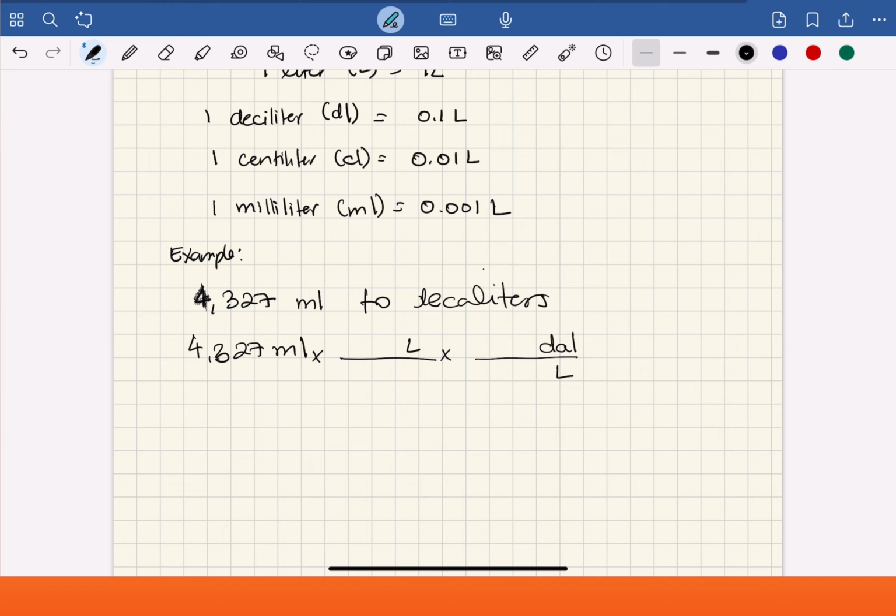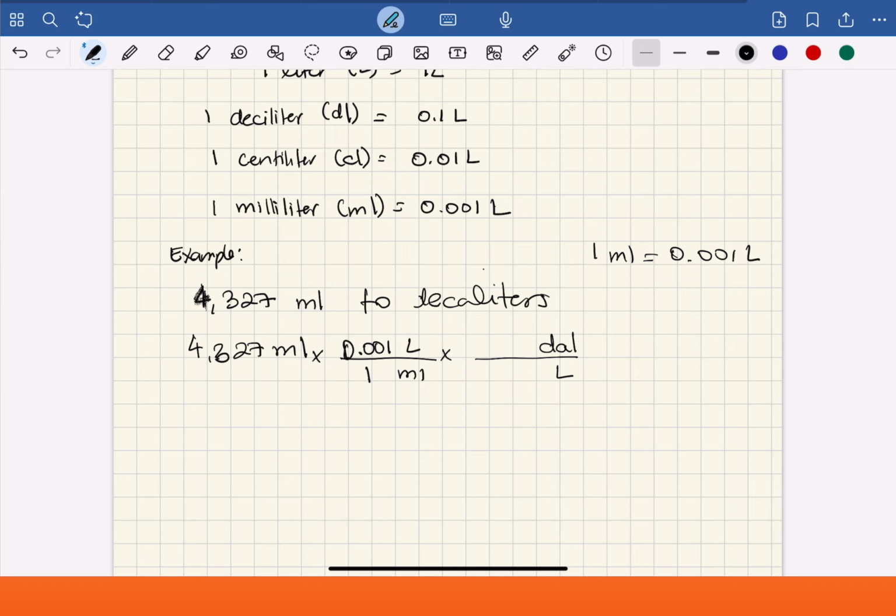So if I look at this, I have to say, okay, what is the relationship between liters and milliliters? We know that 1 milliliter is equal to 1/1000th of a liter. So I can write that here: 1 ml is 1/1000th of a liter.